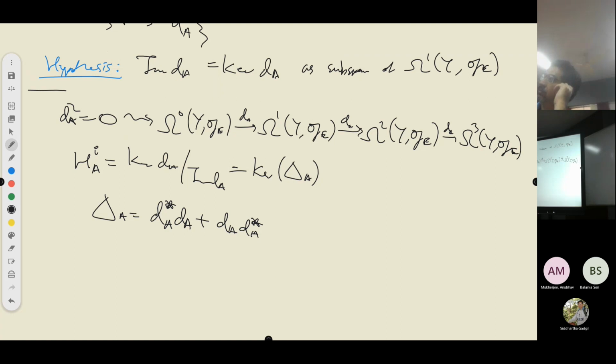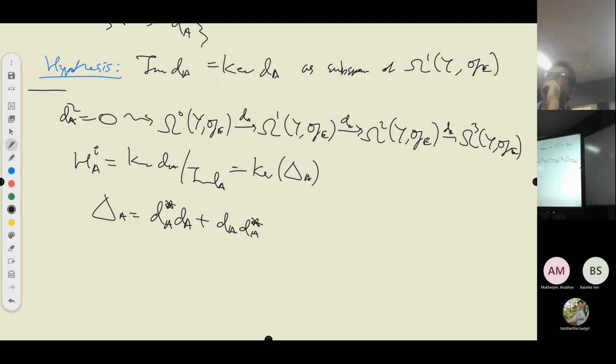So it's just this, and the key point of Hodge theory in the de Rham context is that this is equal to the kernel of your Laplacian.